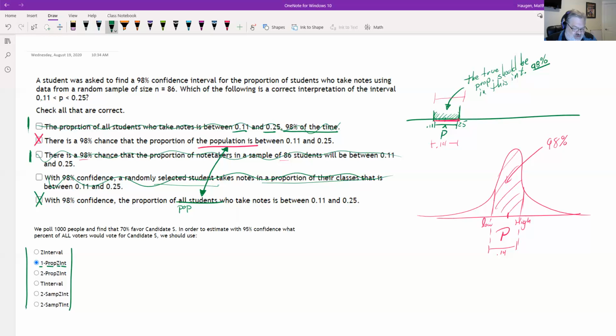That 98% is not a 98% of students. How do I want to say that, without just restating that it's a confidence interval? It's the span over which we think that true proportion should lie.